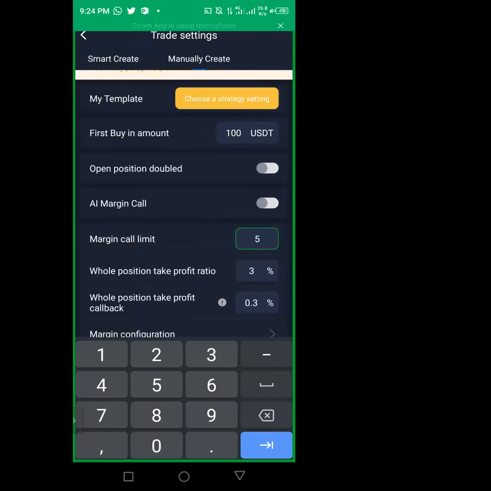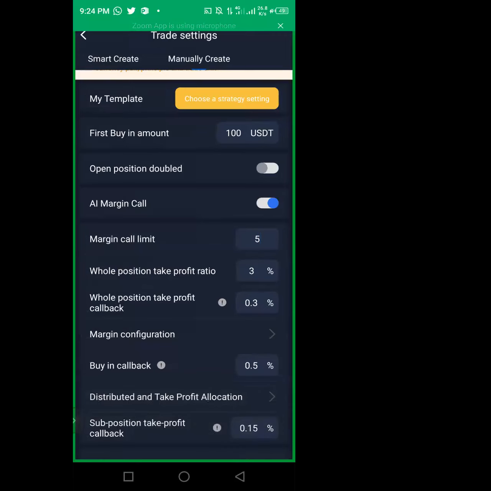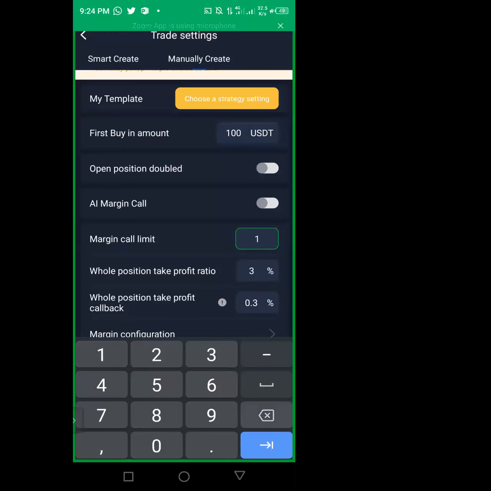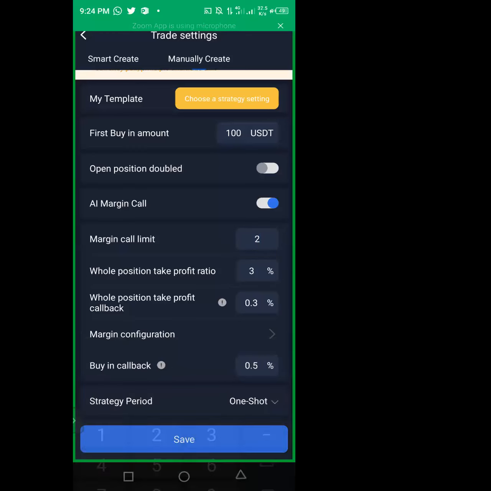And since I'm using 5, I will always turn off my AI margin call. But if you want to use 1 or 2 margin calls, try to turn it on as we enter the bull season.